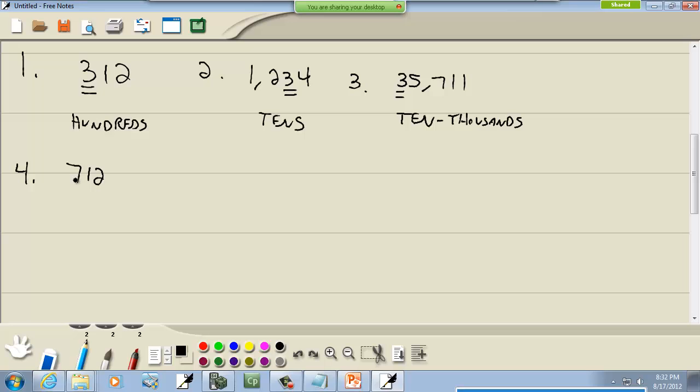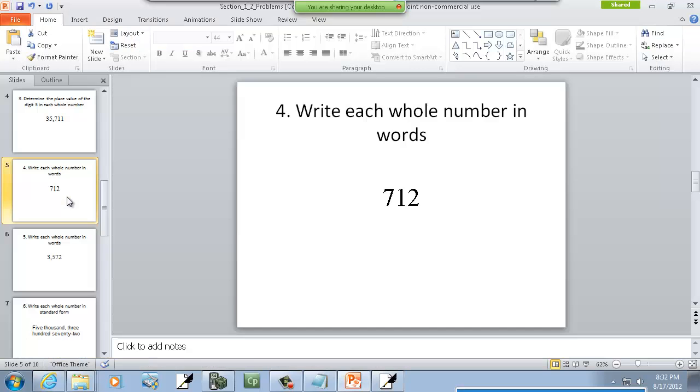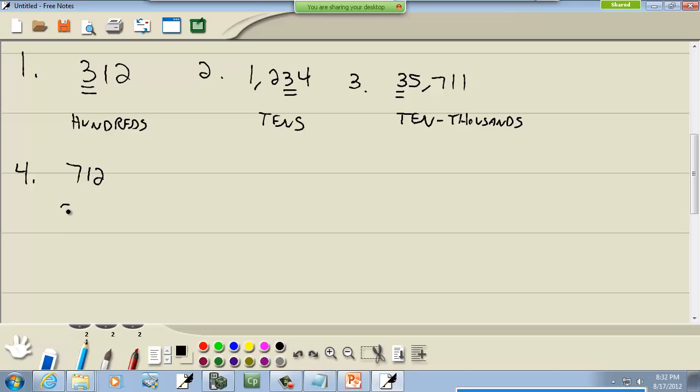712. Now, this is the hundreds place. So the instructions here say write each whole number in words. So we got 700. And we don't say one, or this right here is our tens place, so we don't say 110. It's actually included in with this 2, so this is 12. 712.